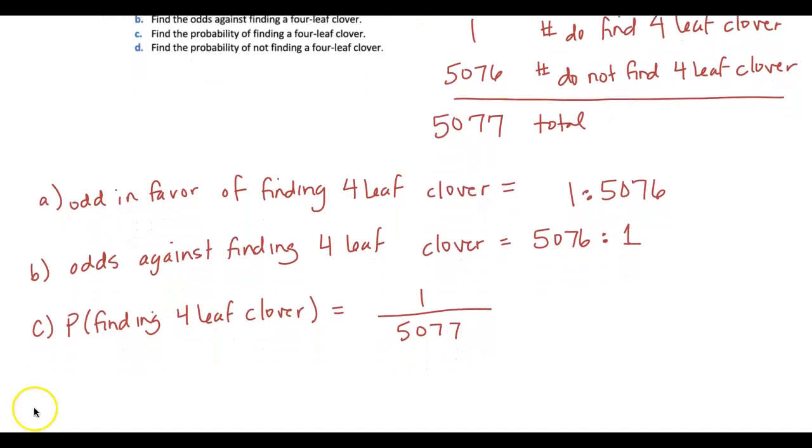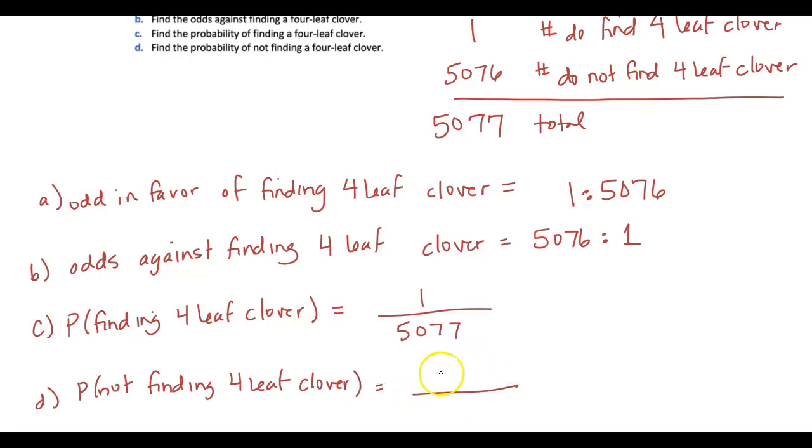And then finally, part D, probability of not finding a 4-leaf clover would be to start out first with the number that do not find the 4-leaf clover, 5,076, to the total, 5,077. And that ends example 3.